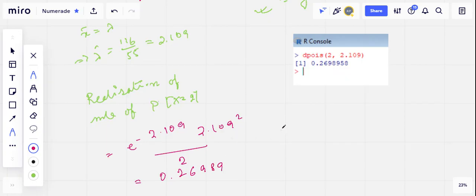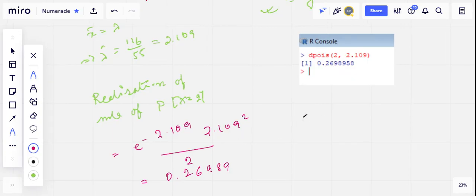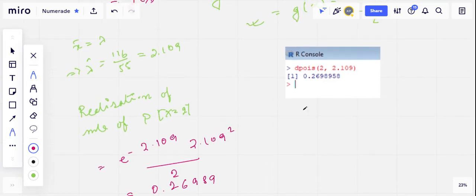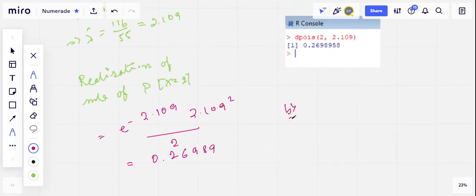0.26989. Okay, now in the second problem we have to use R function dpois. Now dpois gives the probability mass function of Poisson distribution. Suppose we are finding probability X equals x and X follows Poisson lambda.